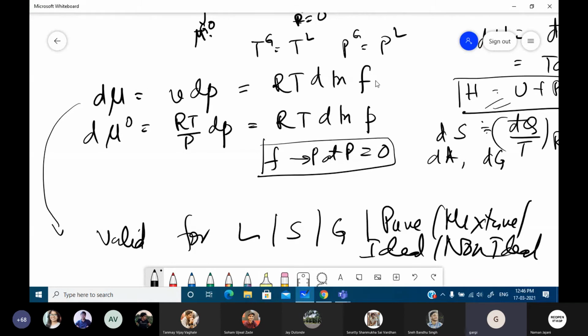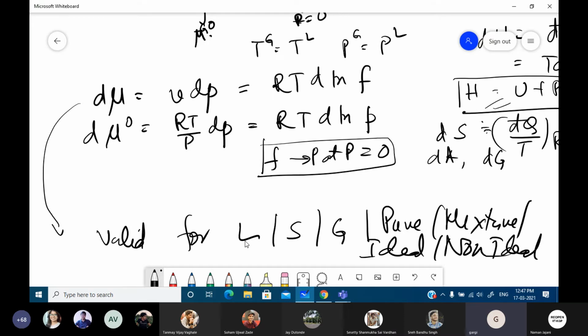If it is an ideal gas, F equals P. If it is a pure ideal gas, F equals P. If it is a component i in a mixture of ideal gases, then this becomes equal to the partial pressure. If it is a pure liquid, it has already been derived for you. At low pressures, it becomes the saturated pressure.